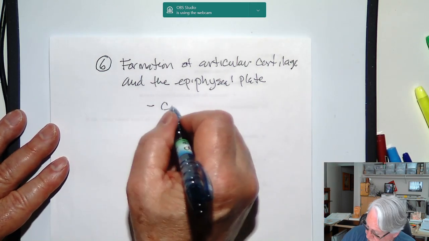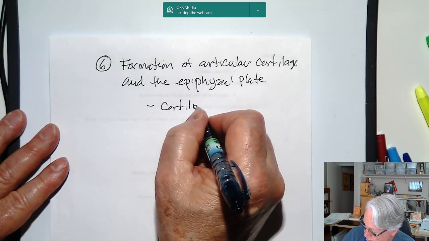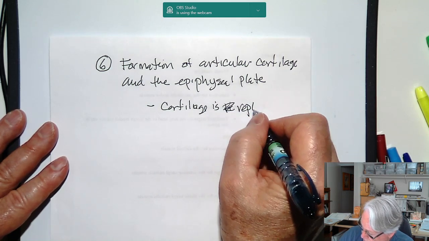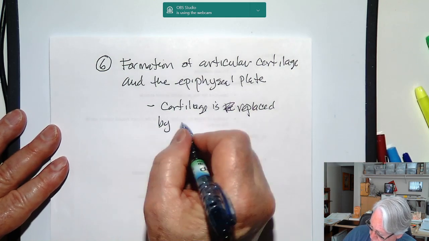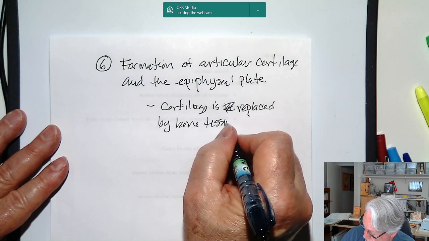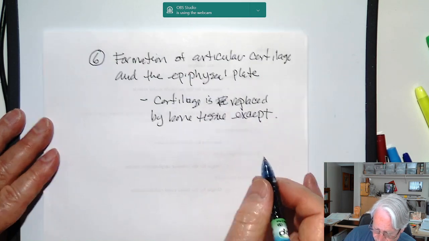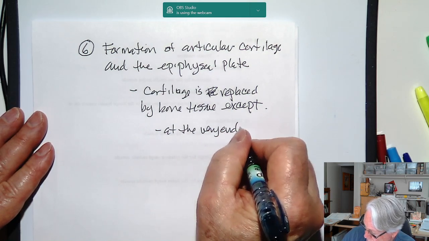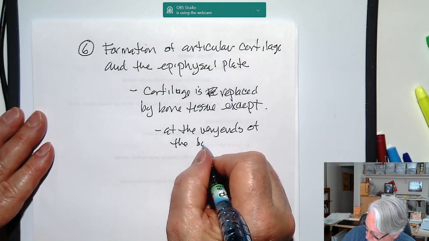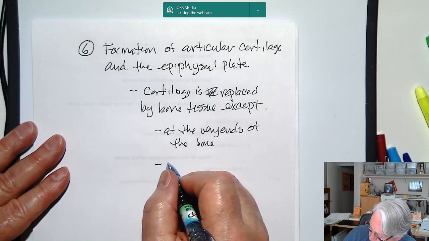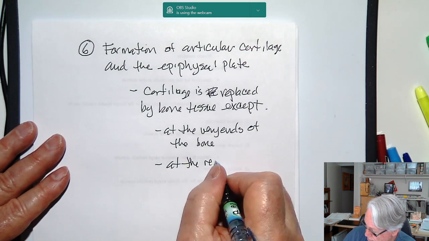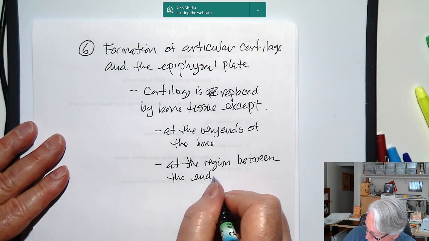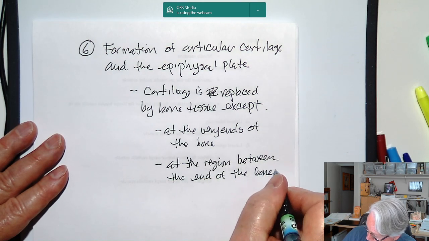So what's going to happen is that the cartilage is replaced by bone tissue, except at the very end of the bones and at the region between the end of the bone and the shaft.